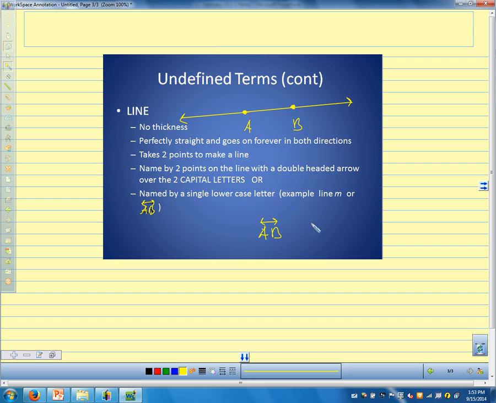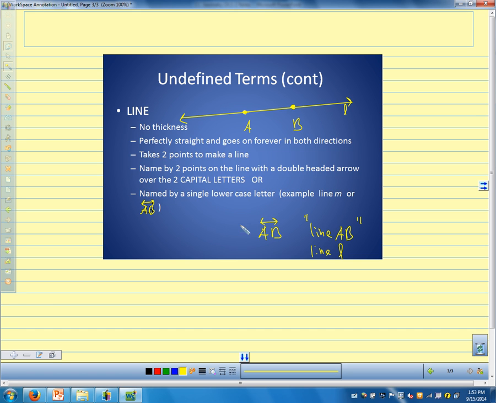So this is line AB. Sometimes you'll see a lowercase letter next to the line like this. You could also call it line L, but only if they put the lowercase letter next to the line. Most usually will say line AB. So all of these are important facts or characteristics. It doesn't have a technical definition because it's undefined.